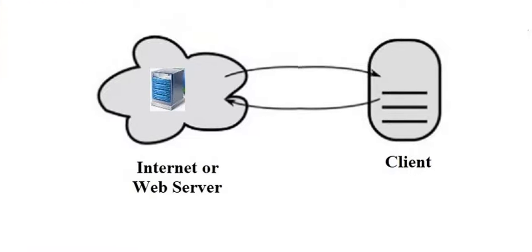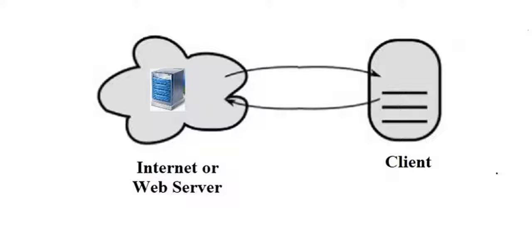See what he's doing? The client is you. You're going to the internet. This is what most people do. They go to their computer, they click, they search something on the internet, type www.google.com. They go directly from their computer, the client right there, directly to the internet.